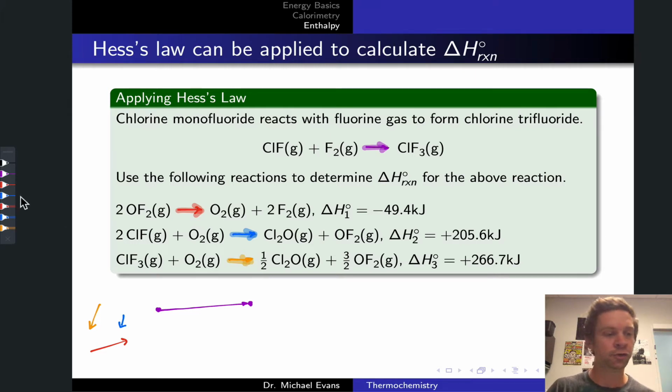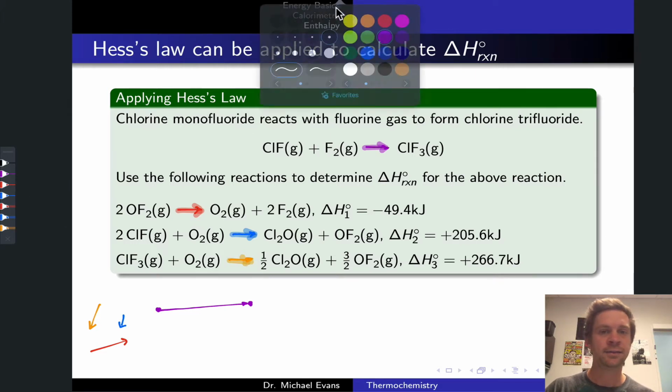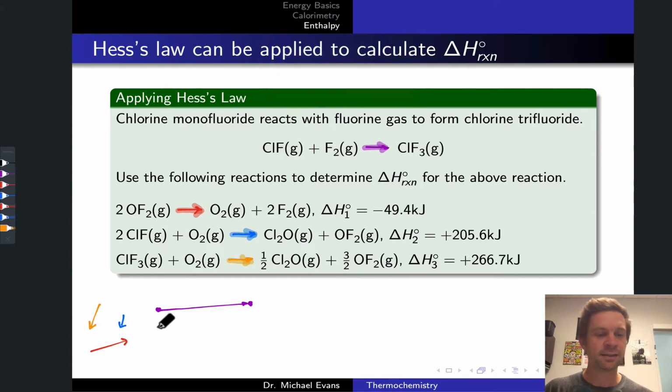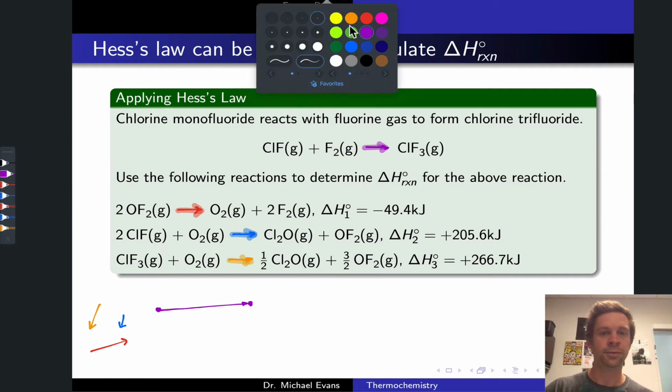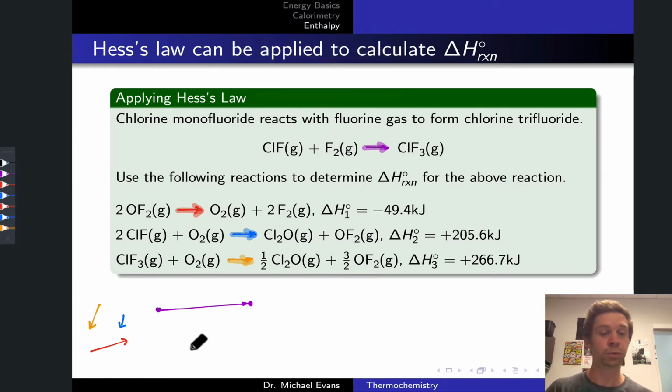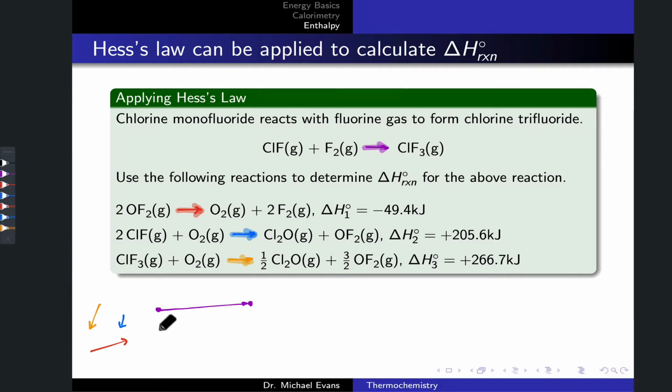So what we're trying to do essentially is take that purple vector and think about it as a composition, if you like, of the red, blue, and orange vectors, keeping in mind that we can scale and reverse these vectors as needed using the ideas that we saw in the last video, the scaling and reversing rules and how those affect enthalpy.